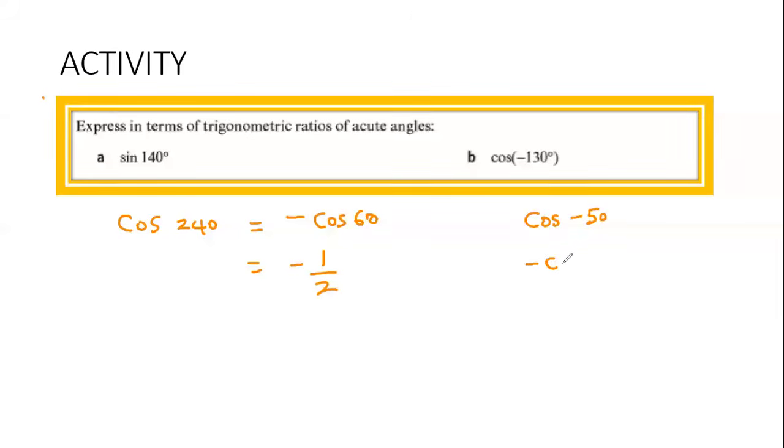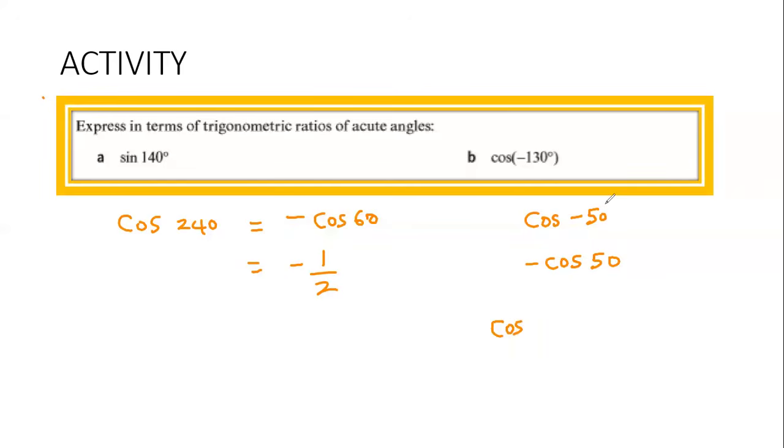I'm now confused why we say that cos of negative 130 is equal to negative cos of 50.